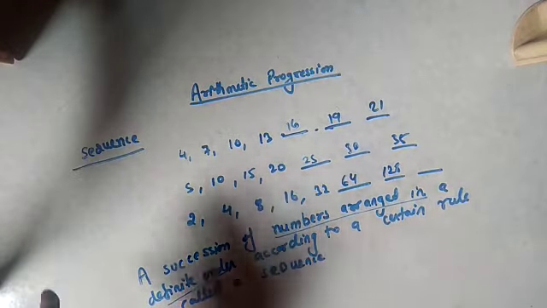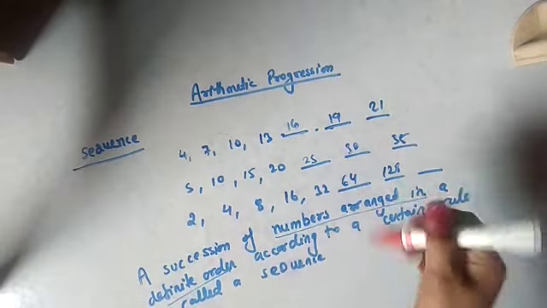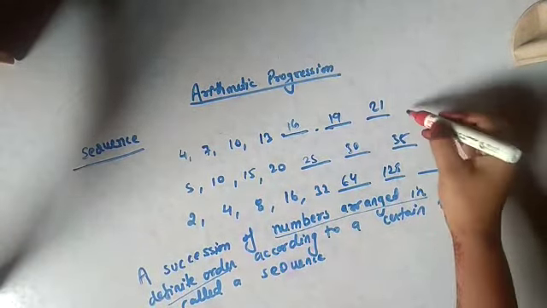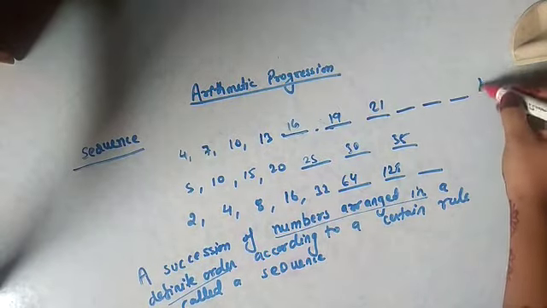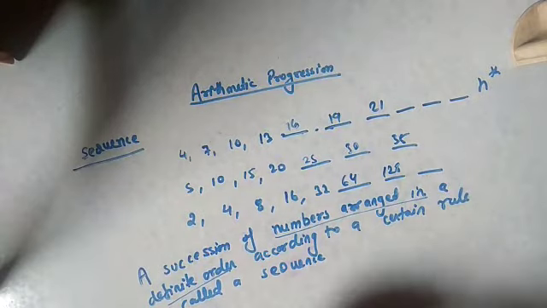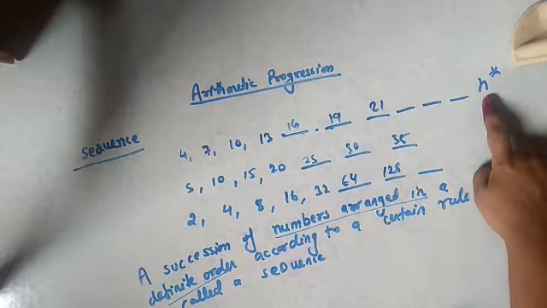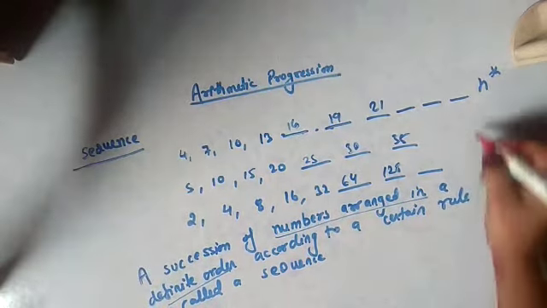Then whenever we are writing the sequence, the number which will come at the nth position, like suppose I am increasing this and I am asking what will be the number here at nth place, that is said to be the nth term or the general term, which is denoted by an.